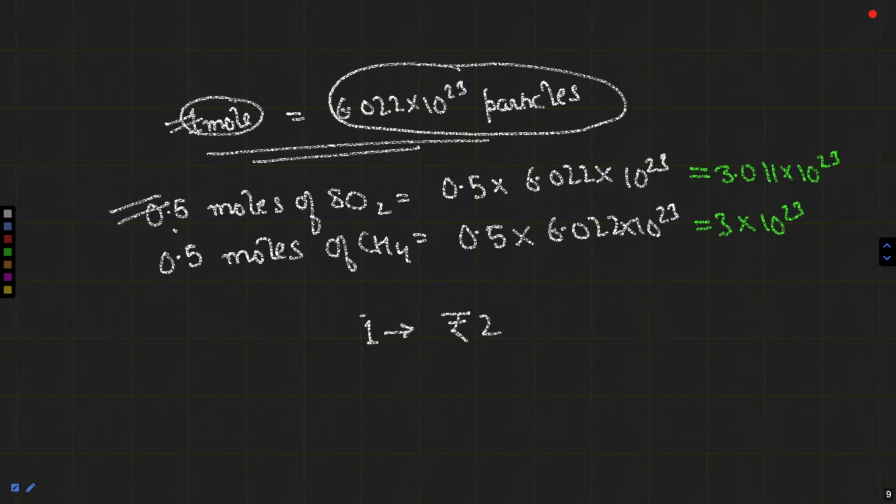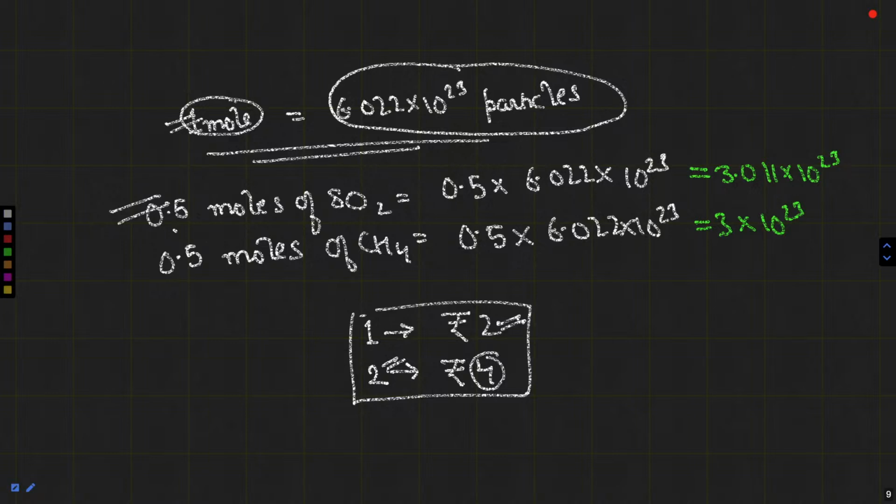It's very simple for me also, every time I use it. So if one chocolate costs 2 rupees, then what will be the cost of 2 chocolates? It will be rupees 4. Now how are we getting this 4? By multiplying this and this. Right? We are doing this thing in this whole process unknowingly, I would say, to get this value of 4.